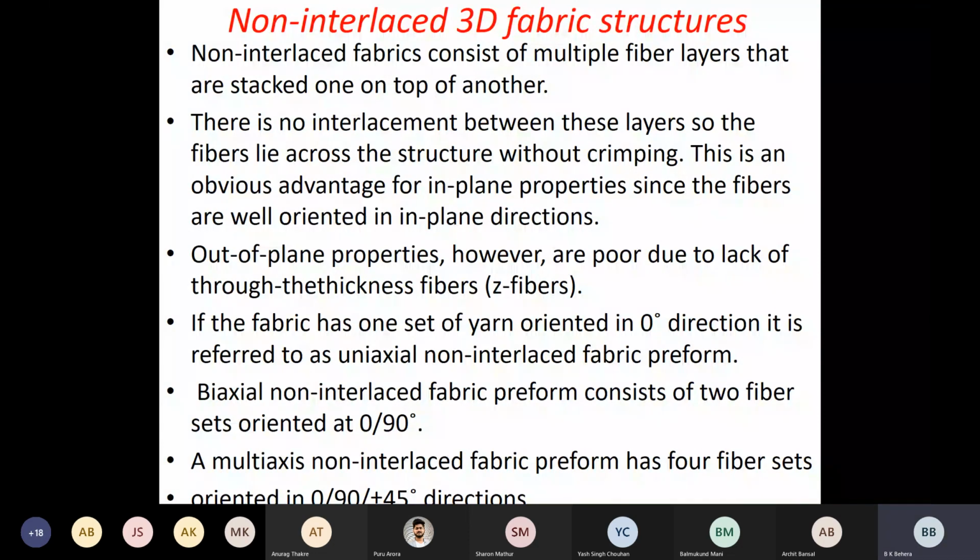So the fibers lie across the structure without crimping because each layer is independent. This is an obvious advantage for in-plane properties. The in-plane properties of these structures are good since the fibers are well oriented in all plane directions.